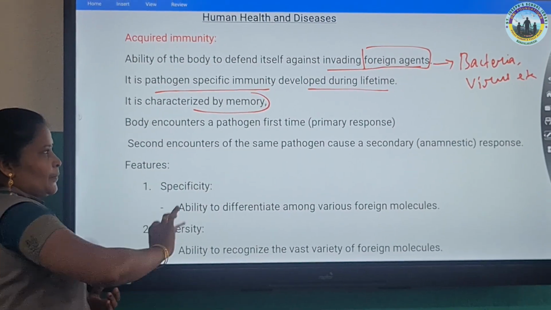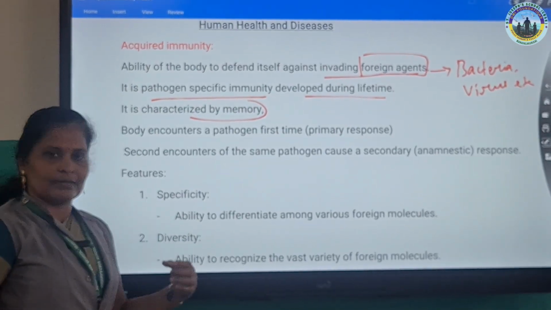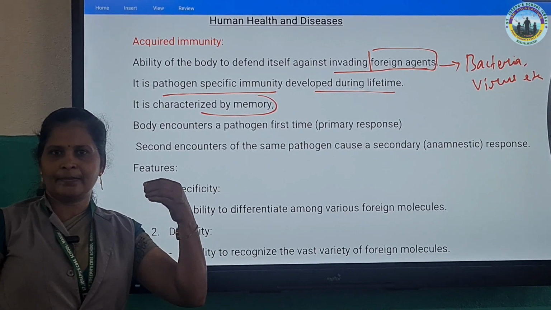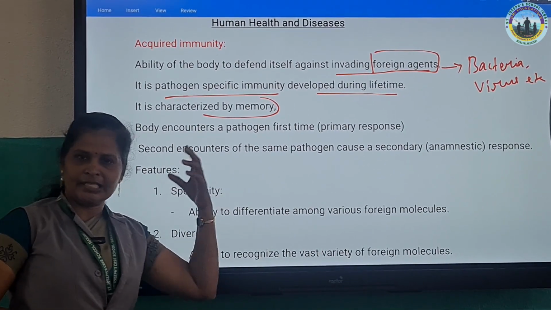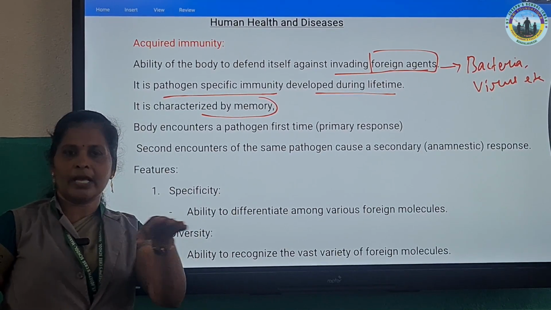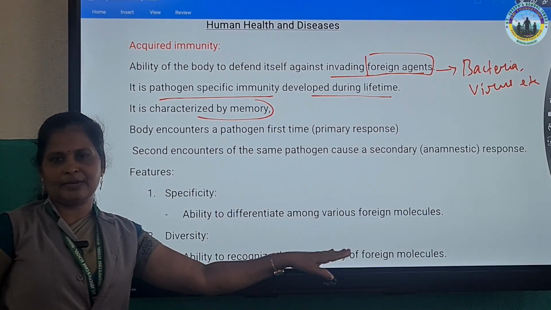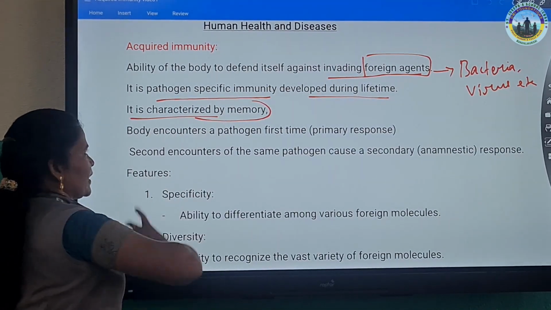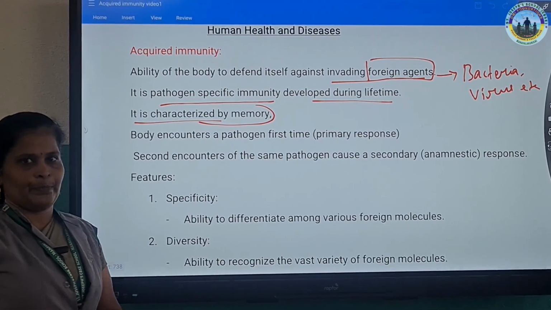Once a disease occurs, that pathogen is held in memory. So the next time it comes, the immune system automatically acts against the antigen. So we say it is characterized by memory.